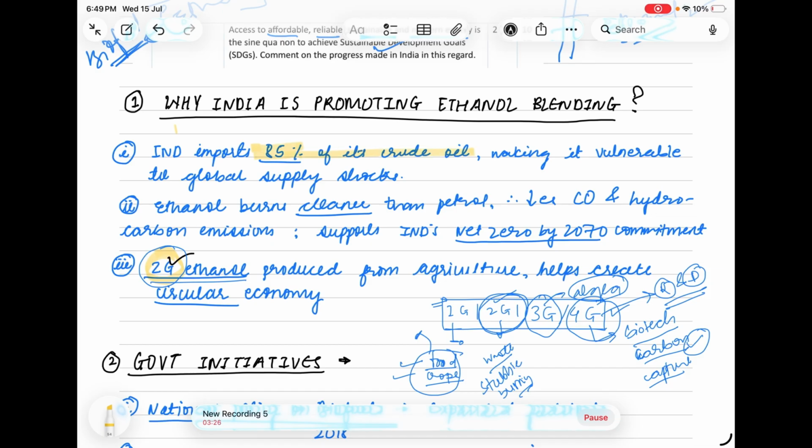But this is currently in the R&D, that is research and development, stage. Therefore most of the talks are always around 2G.